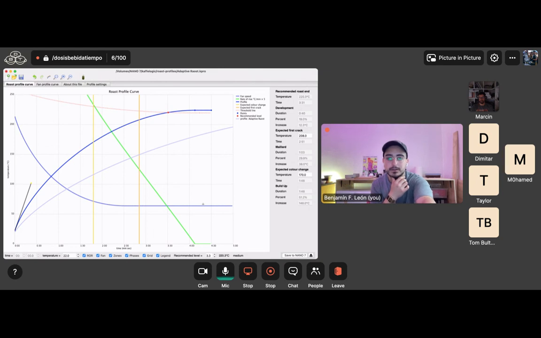The coffee will still be losing weight throughout development time, so if you end the roast over here or over here in the same profile, you will notice a change in mass. That change of mass isn't substantial enough to justify lowering the fan speed in most cases, unless your range of roasting is really broad. I don't know if that makes sense, or if anyone has any questions around that.